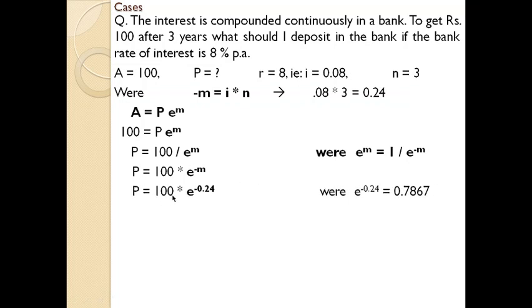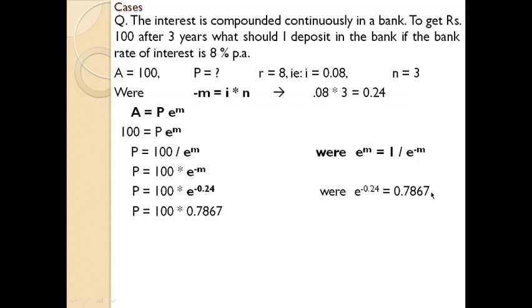Finally, 100 into e raised to minus 0.24. Go to the table and find the value of e raised to minus 0.24; that value is 0.7867. Substitute the same here: 100 into 0.7867. In this step you may find it confusing that previously, as per the table, you found a value and, before substituting in the equation, you needed to divide 1 by this table value.